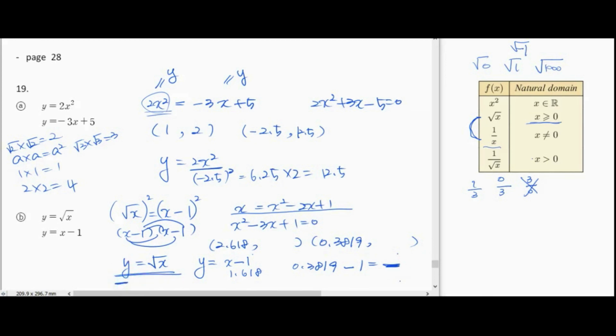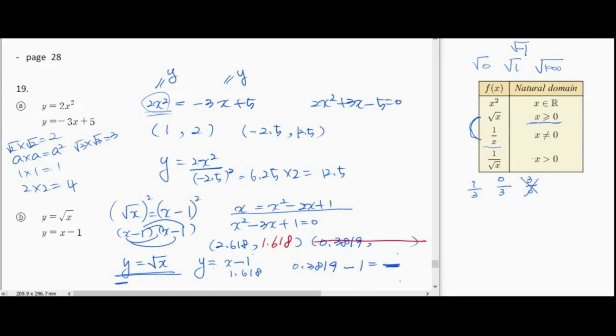It's negative. So this y is negative. But because a root can't be negative, this is impossible. So there is only one possible x, 2.618. That 0.3819 is impossible. So in this equation, x minus 1, 2.618, and that's 1.618.